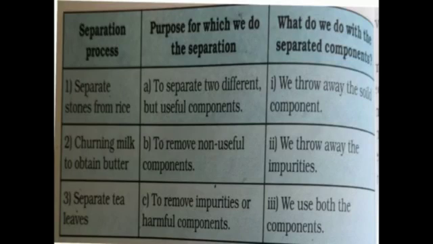As I told you, after preparing tea we separate the tea leaves, because the tea we drink, but tea leaves are again impurities or a harmful component, we can say, and we throw them away. So separating stone from rice is to remove a non-useful component, or to remove impurities or harmful components, and we throw away the impurities. And churning milk to obtain butter is to separate two different but useful components, and we use both components.